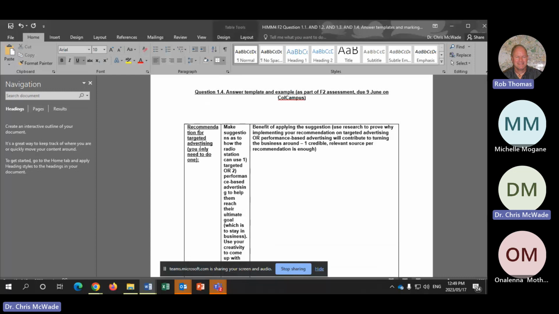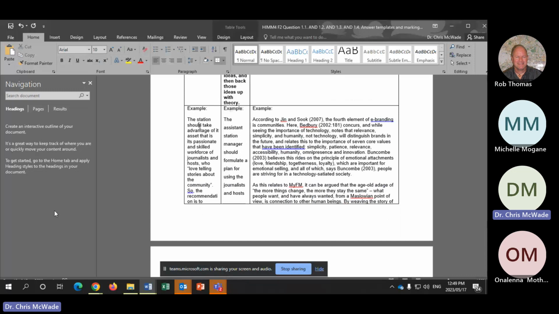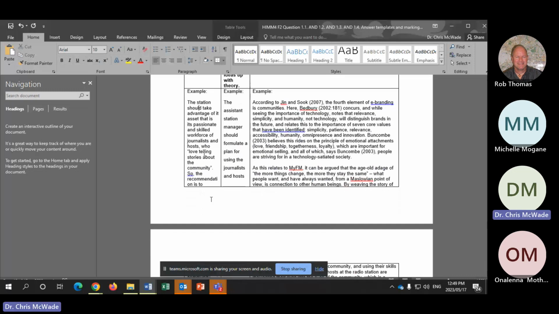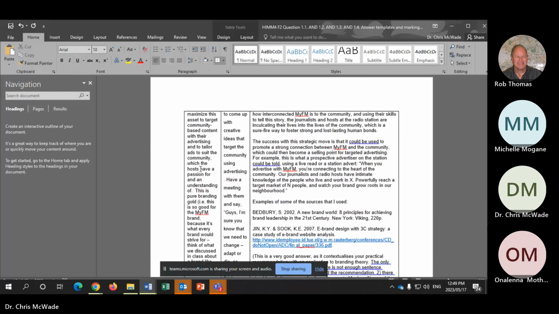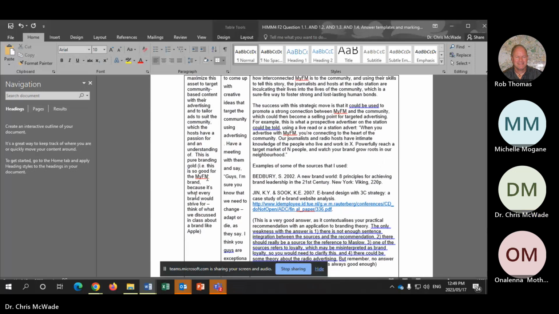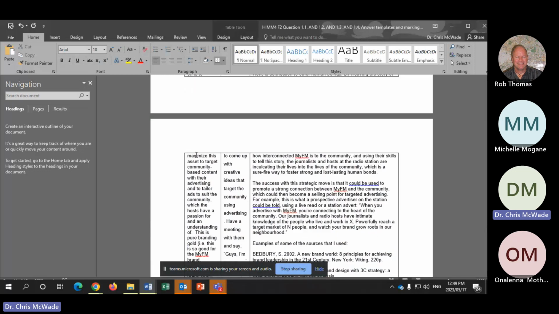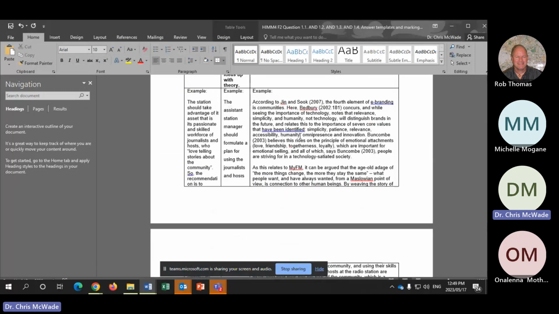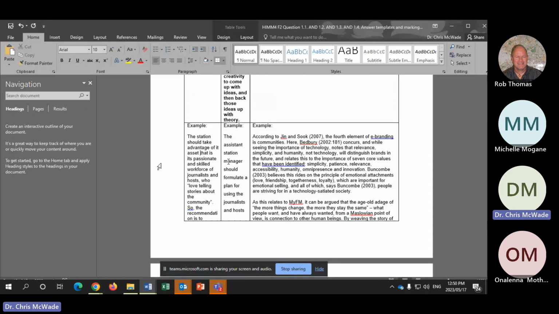All right, recommendation for targeted advertising. The recommendation is to target the advertising around the community. So this whole answer in all of these columns is about that.